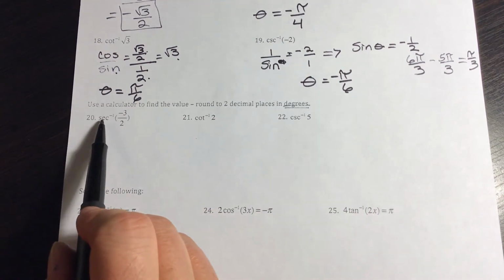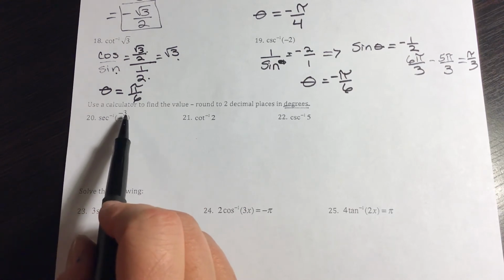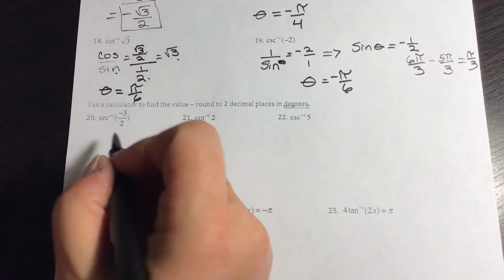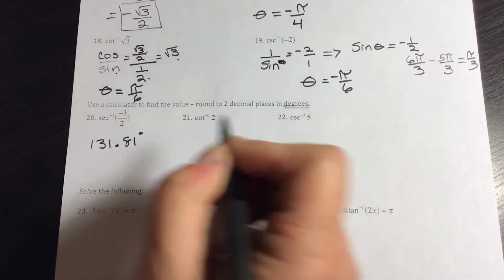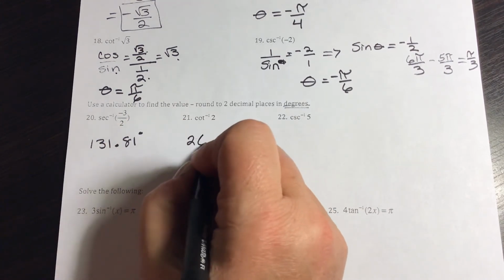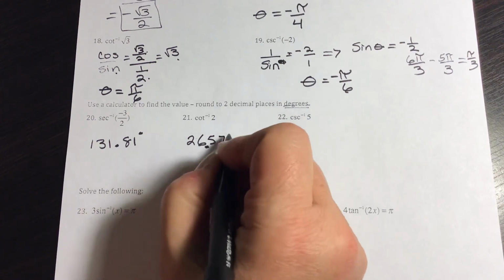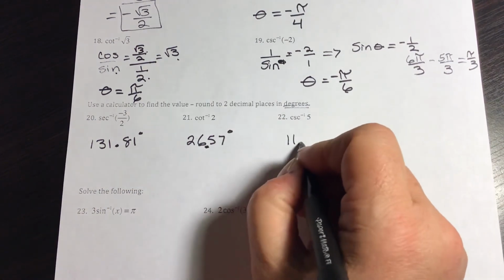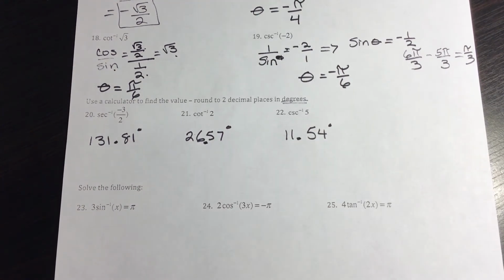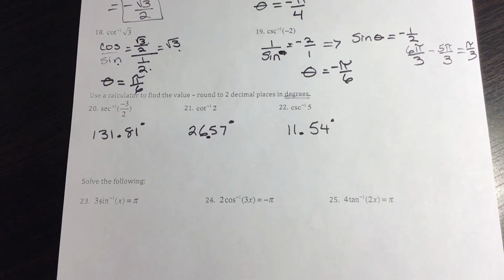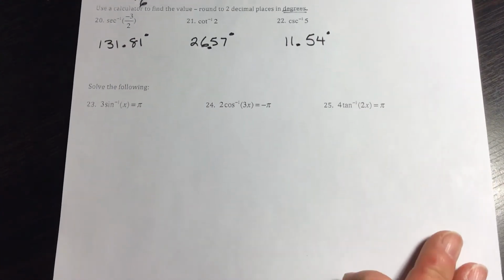And I can just type in inverse secant, negative 3 divided by 2, and that would give me 131.81 degrees, 26.57 degrees, and 11.54 degrees. Okay, so just practice typing those in. Make sure that those are the measures that you get.